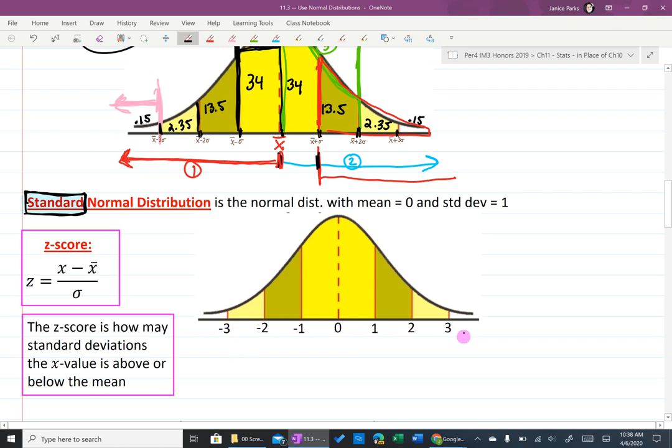The purpose of this is that when you're using a normal distribution curve, you can find the exact percentages as long as they're exactly 1 or 2 or 3 standard deviations away from the mean. But that doesn't always happen. What if it's 1.5 standard deviations away from the mean? And you want to know what that percentage is, or if it's 2.3, or if it's negative 1.4 standard deviations away.